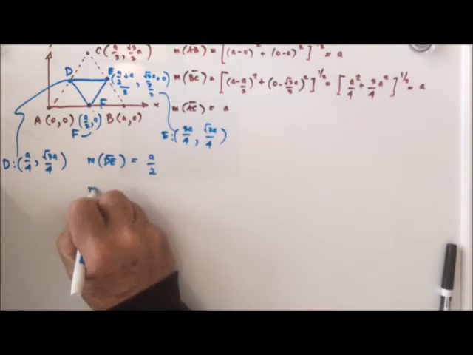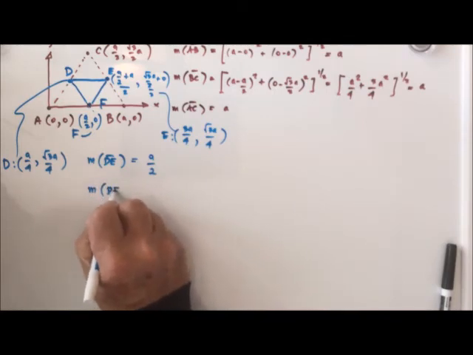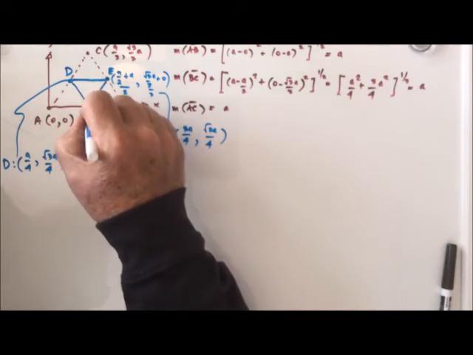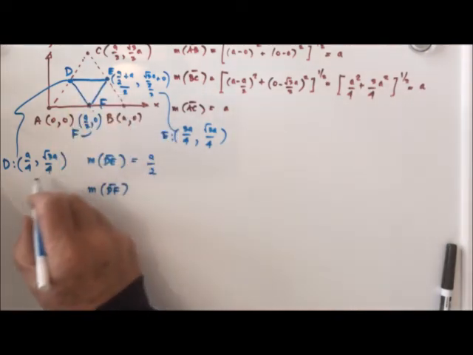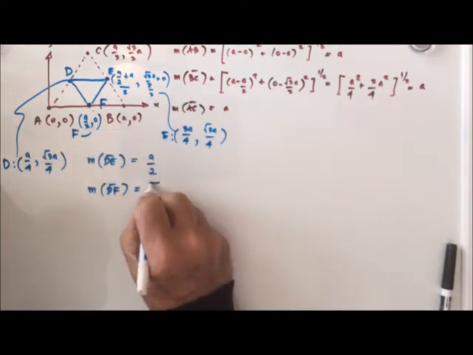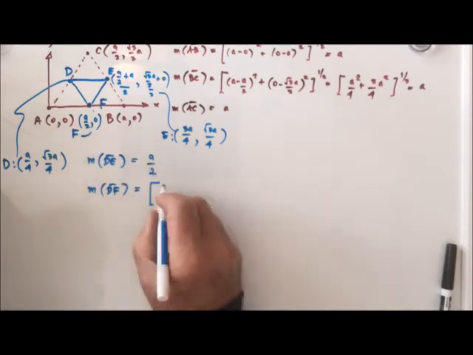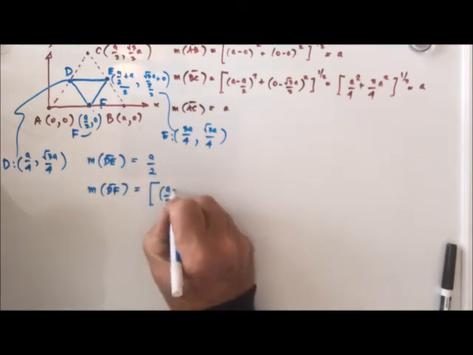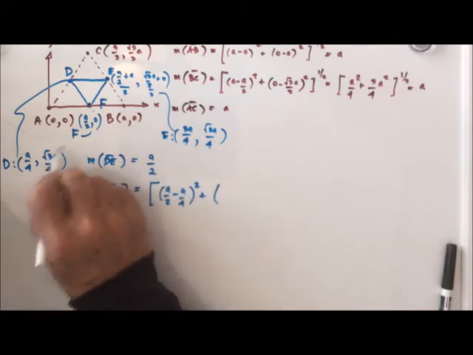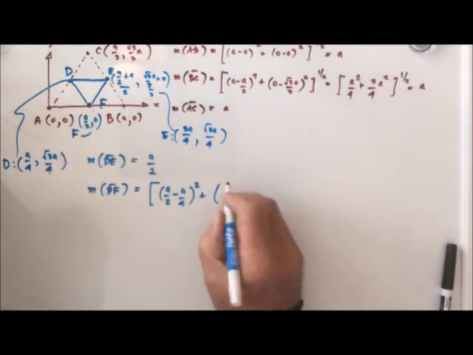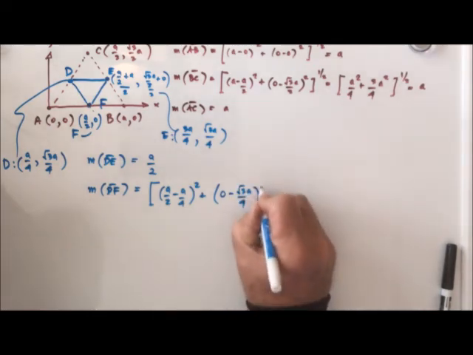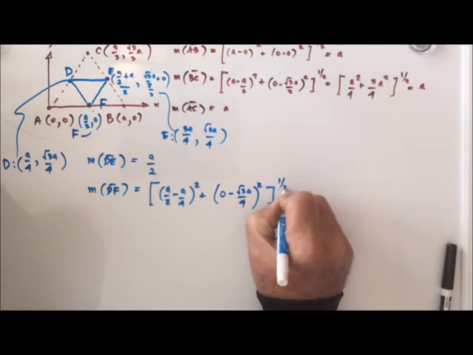And again, I'm just going to do one of the 2. I'm going to find the length of this segment DF. Here are the coordinates of D and F. I'm going to use the distance formula again. Let's find the difference in the x-coordinates, add to that the difference in the y-coordinates, square these and take the square root.